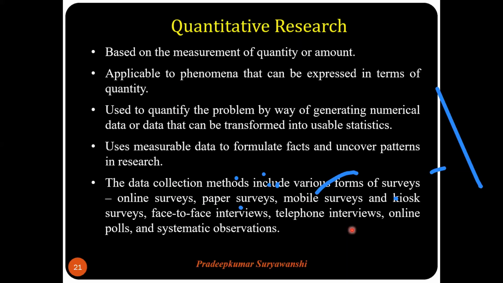A very crude example of quantitative research is if I collect feedback about today's lecture through a Google Sheet, which I am going to share tomorrow after tomorrow's lecture. If you respond to these questions on the basis of some number, I can draw from these numbers how effective my lecture was. That is nothing but quantitative research. A very crude example, you can say.